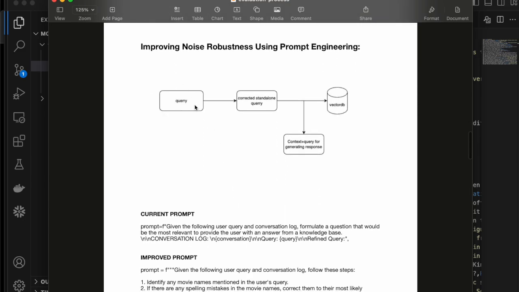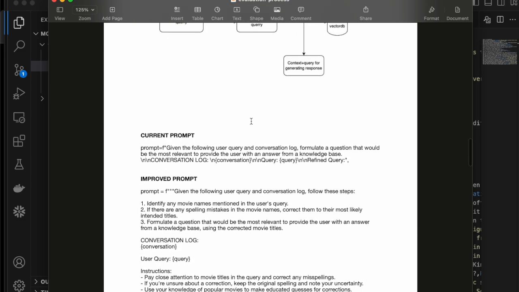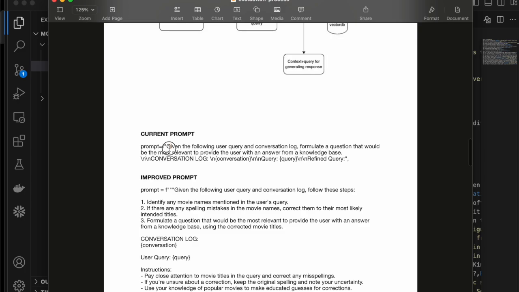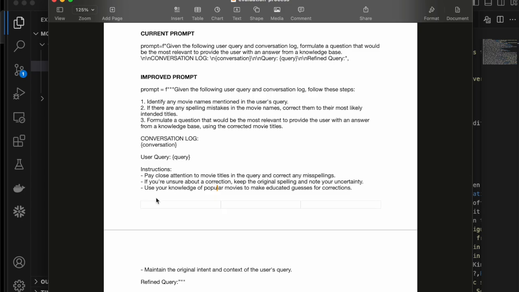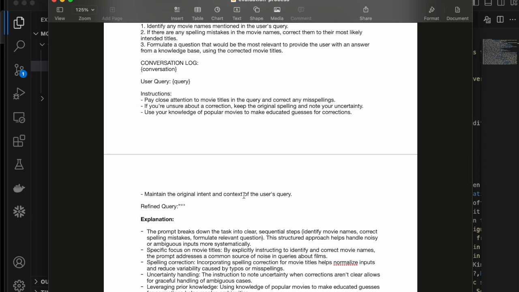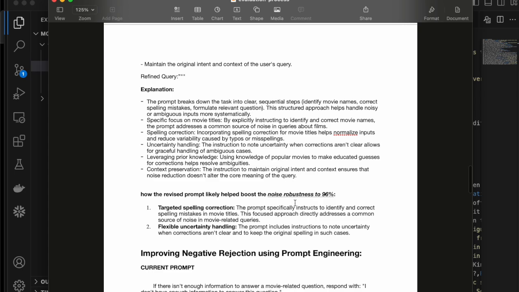After getting the query from the user, while creating the standalone query, we were initially using a simple prompt. But when I changed the prompt to be very detailed, giving instructions, like clearly mentioning that if you are unsure about the correction, keep the original spelling, but if not, please try to correct the misspellings, our noise robustness score increased to 96%.